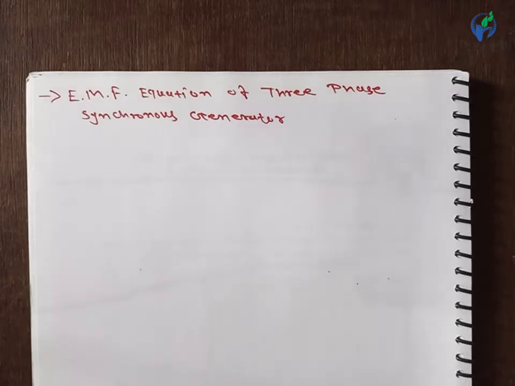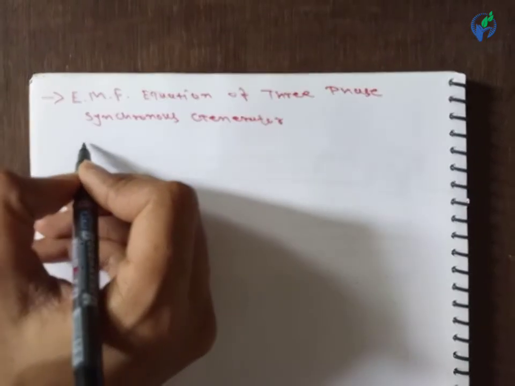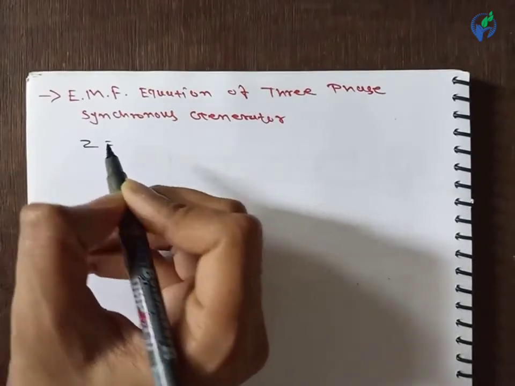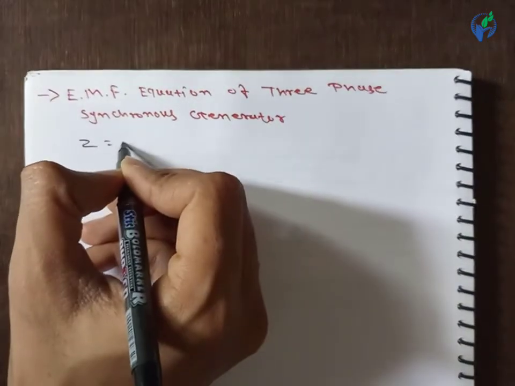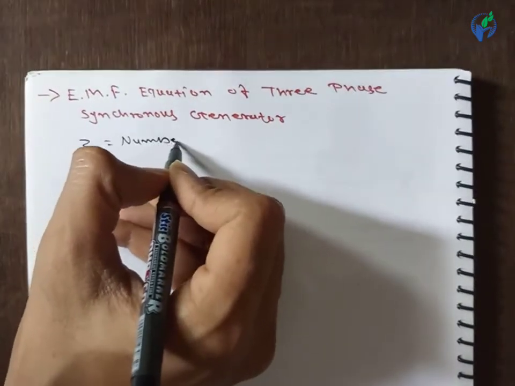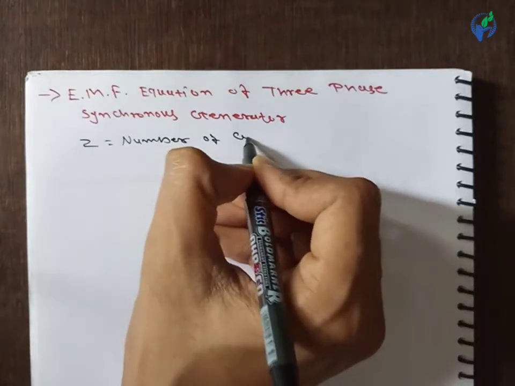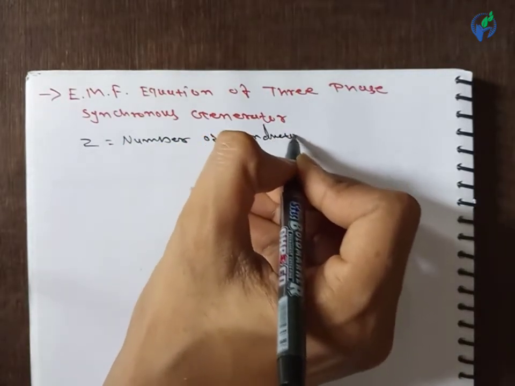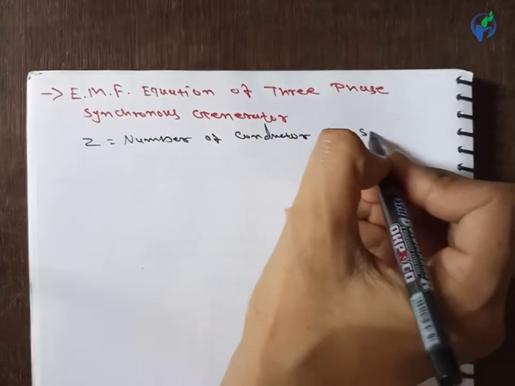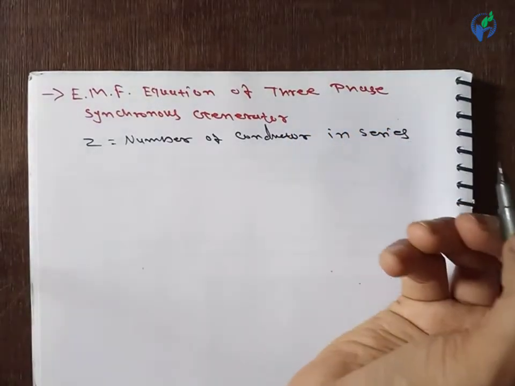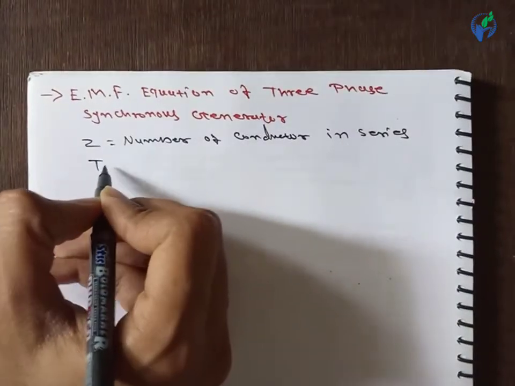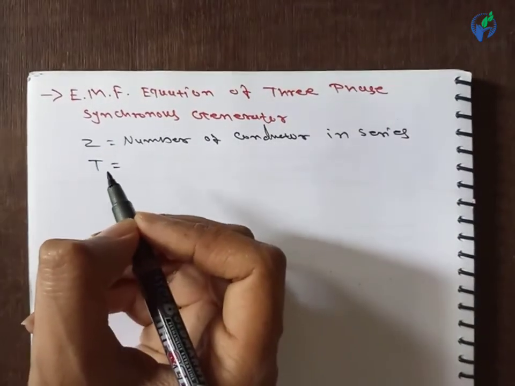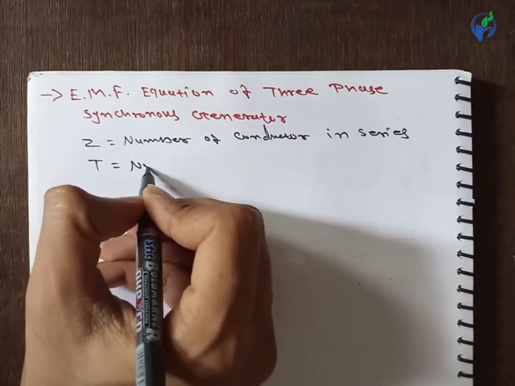When we take parameters like Z, so Z is equal to the number of conductors in series. The second parameter is T, where T is equal to the number of turns per phase.